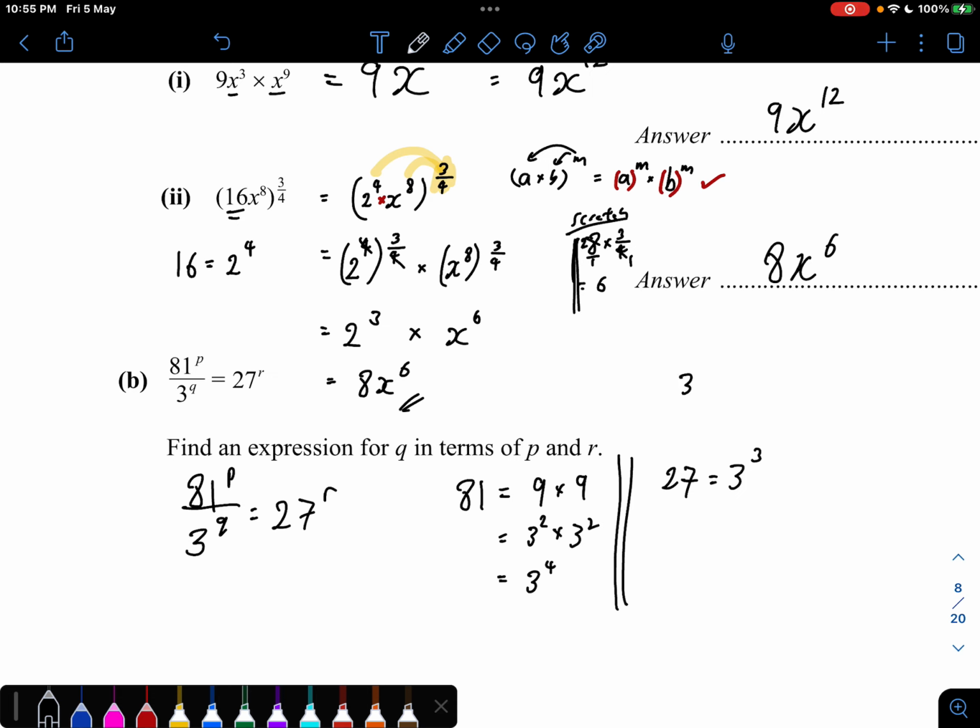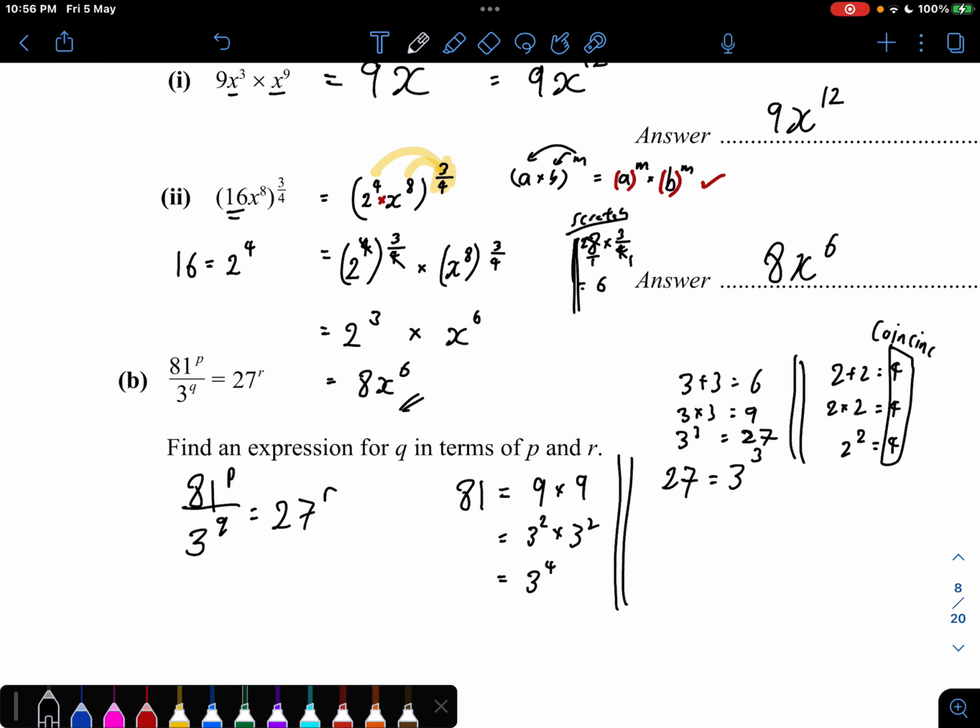Take note, 3 plus 3 equals to 6. 3 times 3 equals to 9. 3 to the power of 3 is 3 times 3 times 3, which is 27. As compared to 2 plus 2, it's a 4. 2 times 2, it's a 4. 2 power 2, it's a 4. This is purely coincidental.